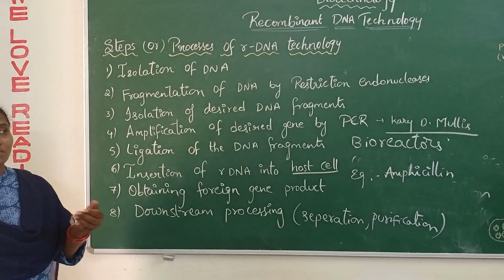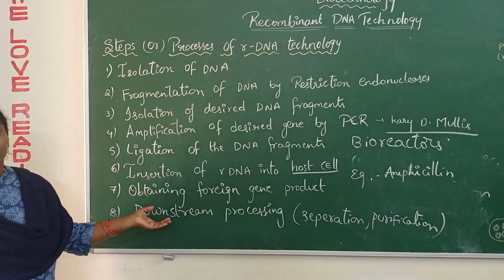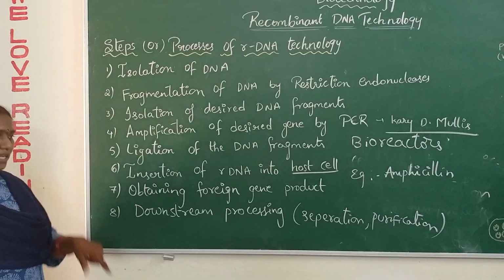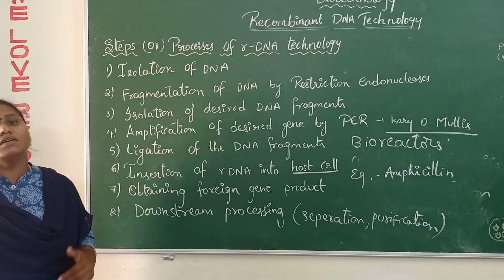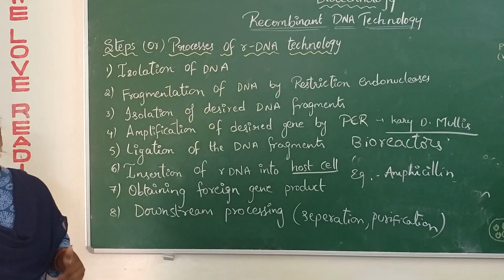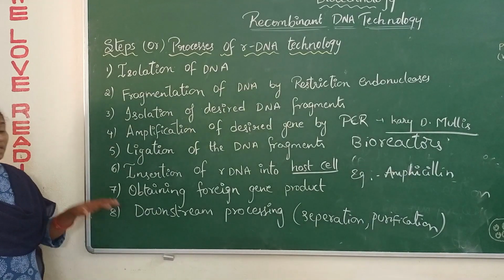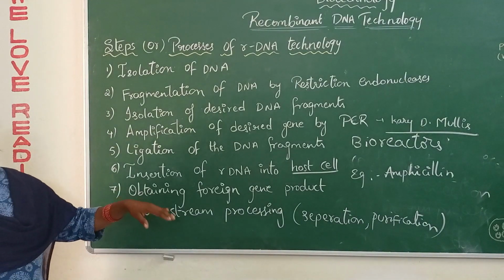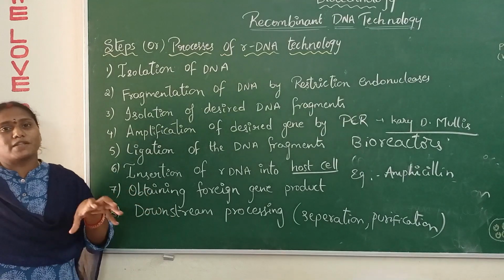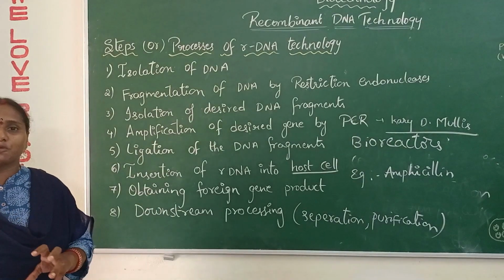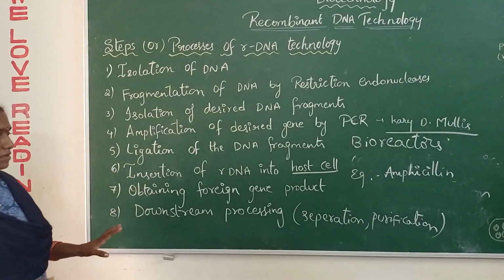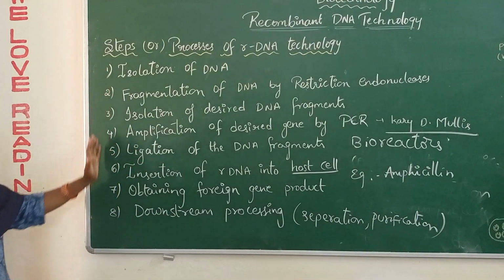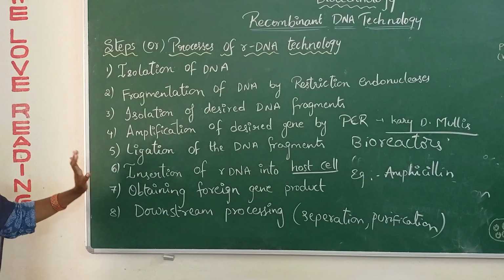They should check quality controlling tests. And finally, they should be released into the market as a bulk. And here, especially for the hormones and for the antibiotics, preservatives are utilized to release into the market. From this downstreaming process, we complete our important topic called rDNA technology.